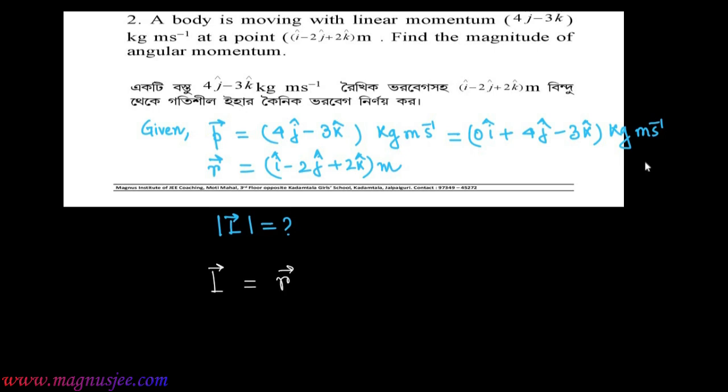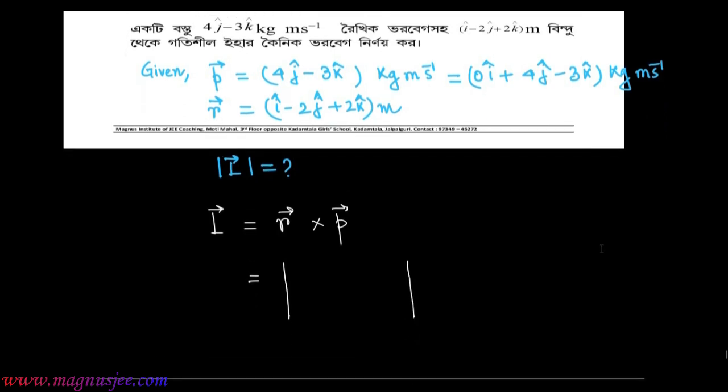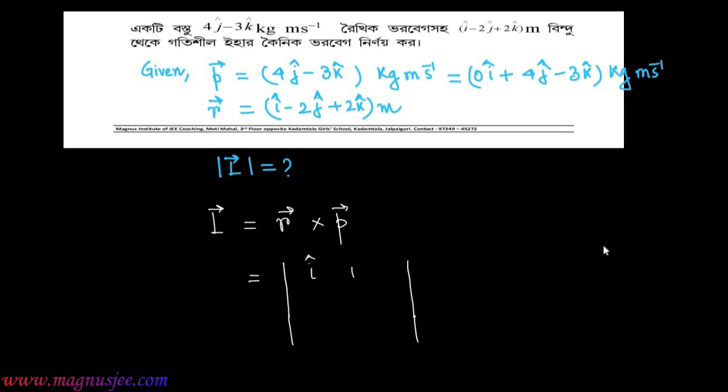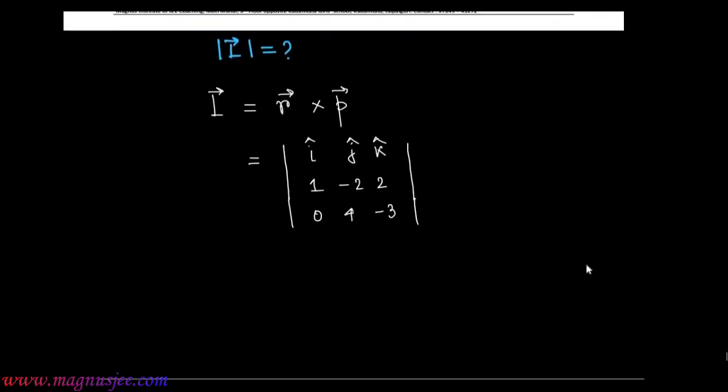Angular momentum vector L is equal to vector R cross vector P. The symbol is the determinant with i cap, j cap, k cap. Below this we write down the rectangular components of the perpendicular distance vector, that is 1, minus 2, 2, then 0, 4, minus 3.